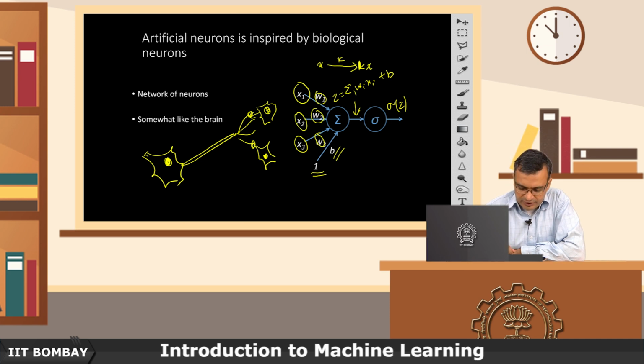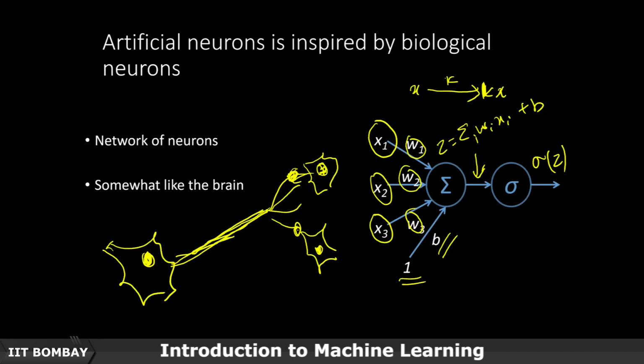Depending on how frequently these cells fire and the strength of the signal, there will be a potential, which is basically a change in voltage, and that voltage gets communicated to the cell. If it exceeds a threshold, then this neuron will fire, and the downstream neuron will get a signal from this neuron.